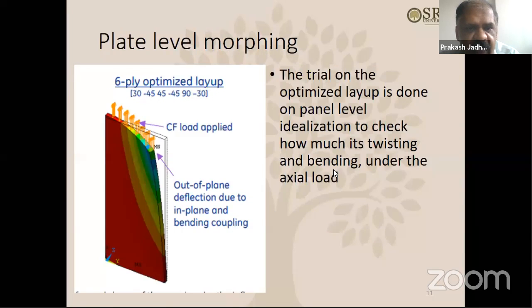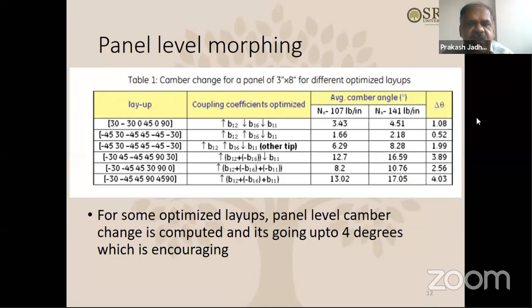If you look at these results here, these are the different layups that our MATLAB code said look promising, and coupling coefficients were optimized. As you can see, in some cases B12 went up and B16 went down, or in some cases B12 also went up, B16 went up, and B11 went down. All these different combinations we tried for optimizing these coupling coefficients.